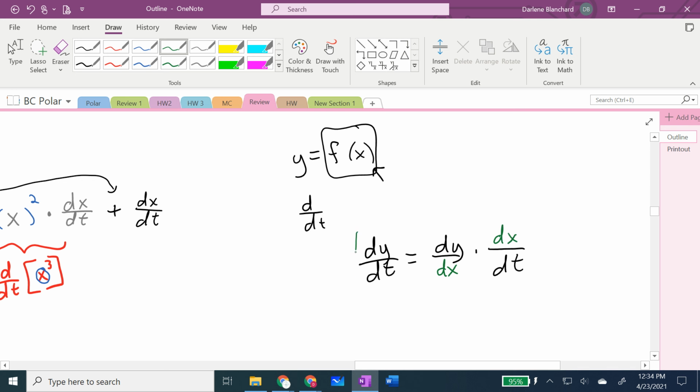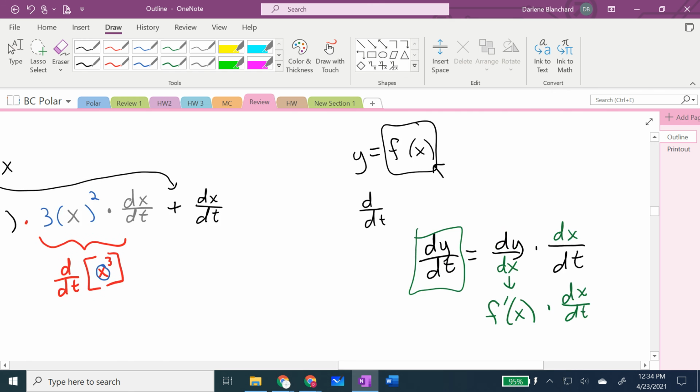So to find the derivative of y with respect to t, you could just literally do the derivative with respect to x, but then multiply by dx dt.